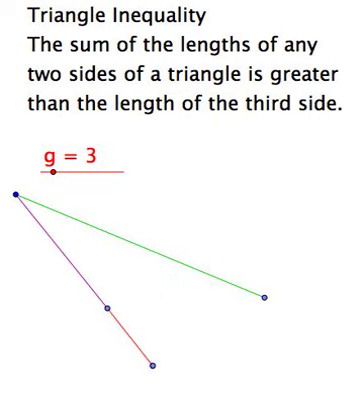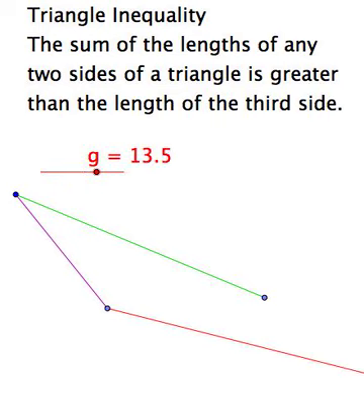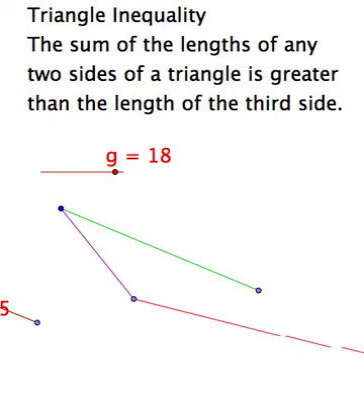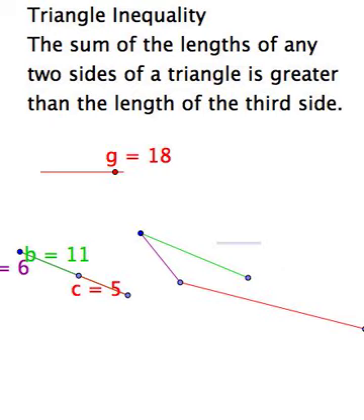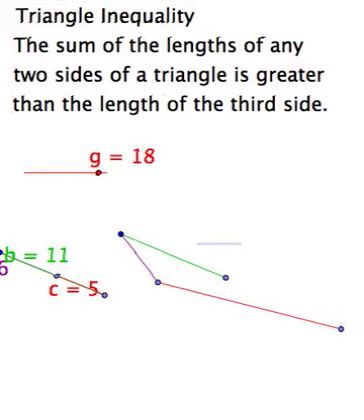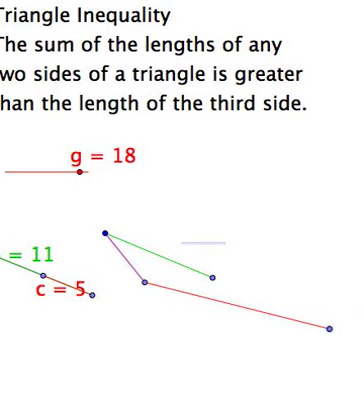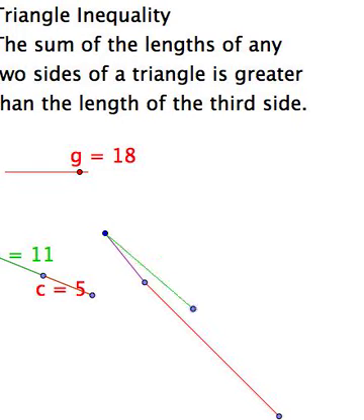Okay, and the other one was 17, so let's make this thing 18. Okay, goes off the screen. We'll zoom out here a little bit. Okay, so the red line is now 18 centimeters. And no matter how we move this thing, we'll move it down here, we will not make a triangle, no matter what.